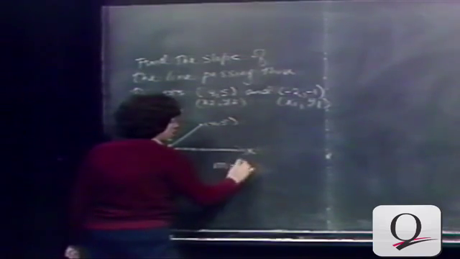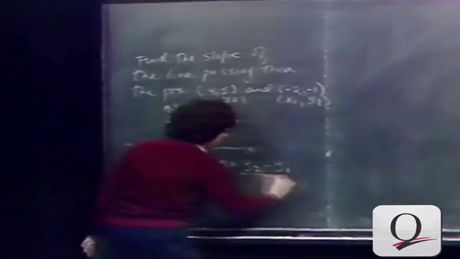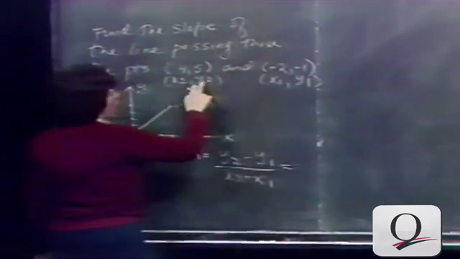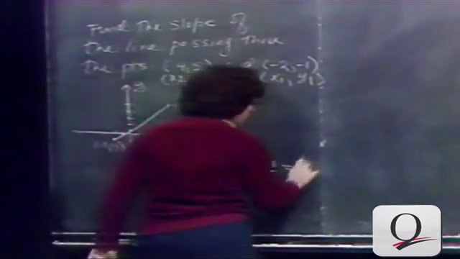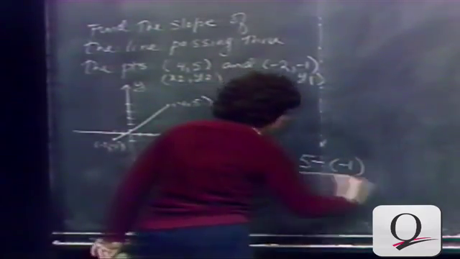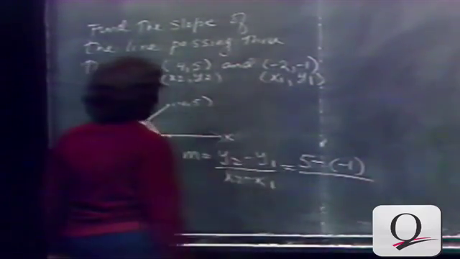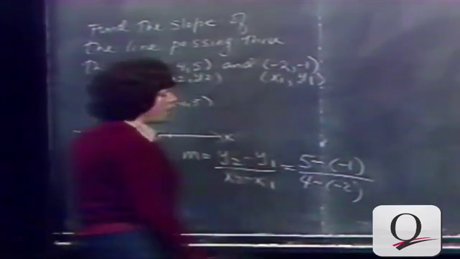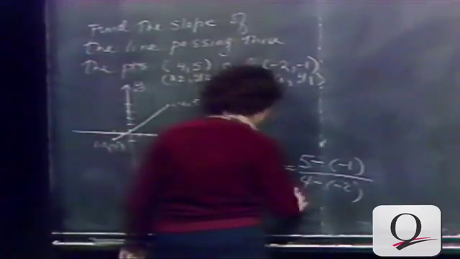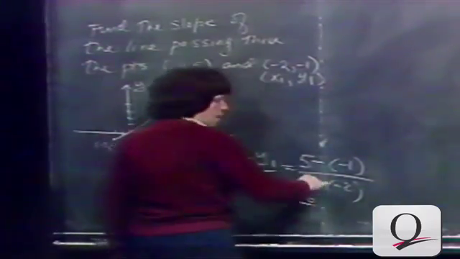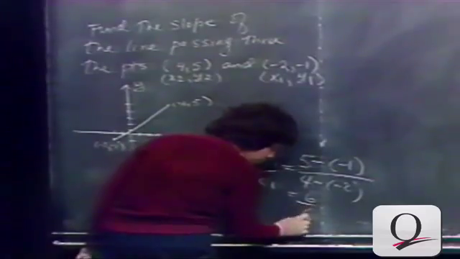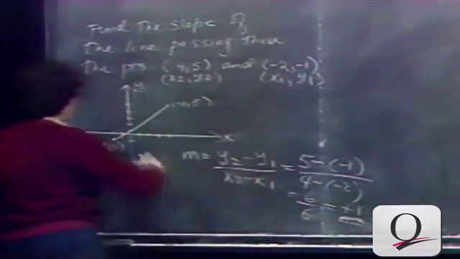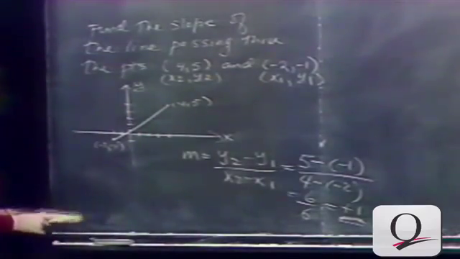The slope is then y2 minus y1 over x2 minus x1. y2 minus y1, 5 minus minus 1, over x2 minus x1, 4 minus minus 2. 5 minus minus 1 is 6, over 4 minus minus 2, that's 4 plus 2, that's also 6, and we get plus 1 for the slope. A positive number since it is a rising line.